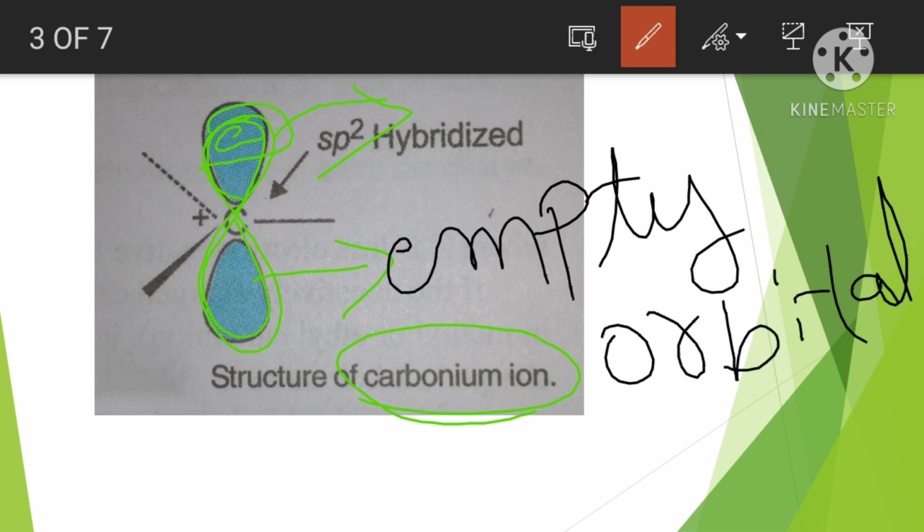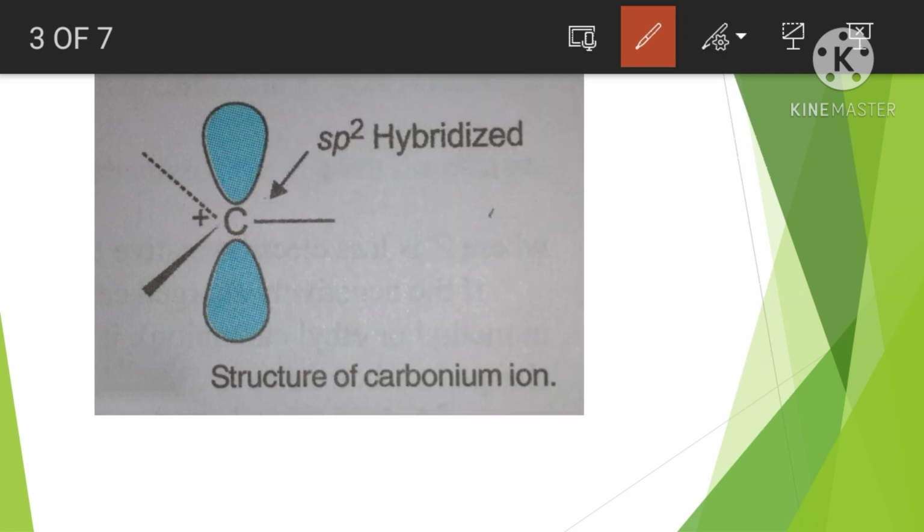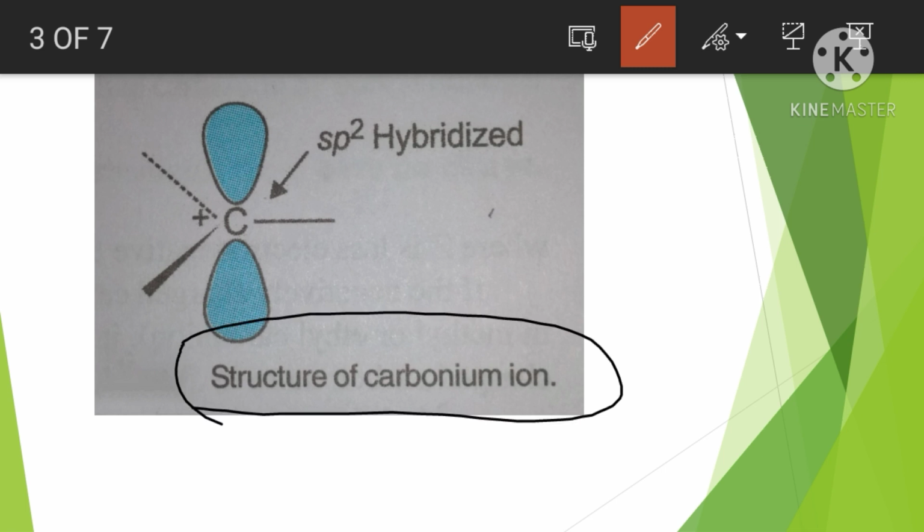This empty orbital makes the carbon atom electron deficient, and it creates a positive charge on the carbon atom. This is the overall structure of the carbonium ion or carbocation.